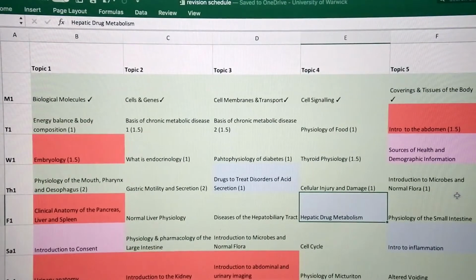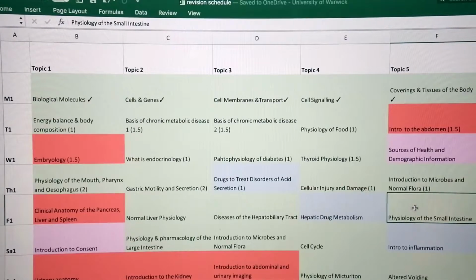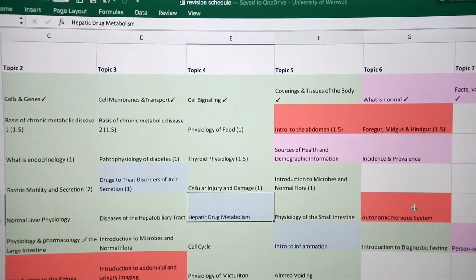And as I said, I plan to do between 5 and 6 lectures every day, so I did need 2 other lectures.